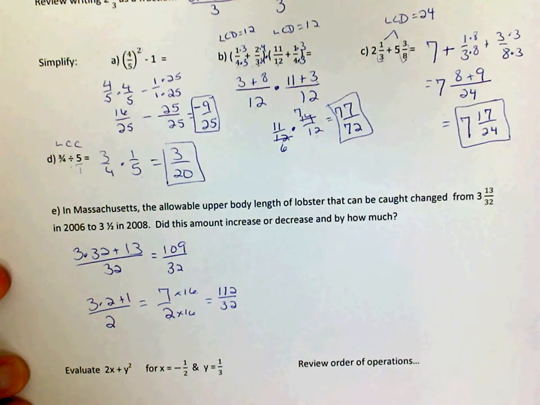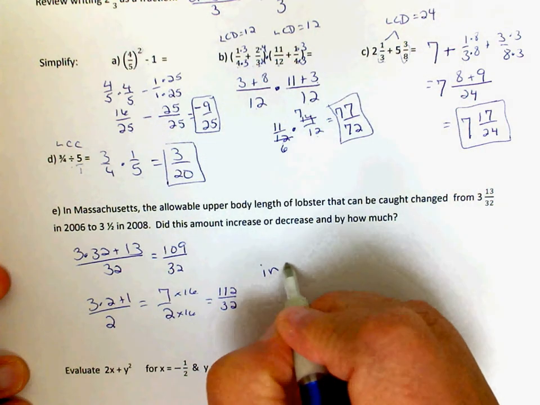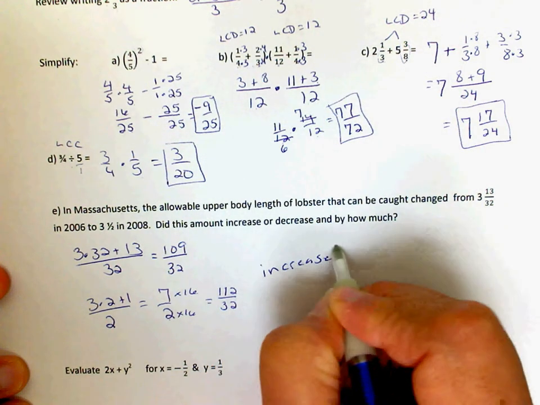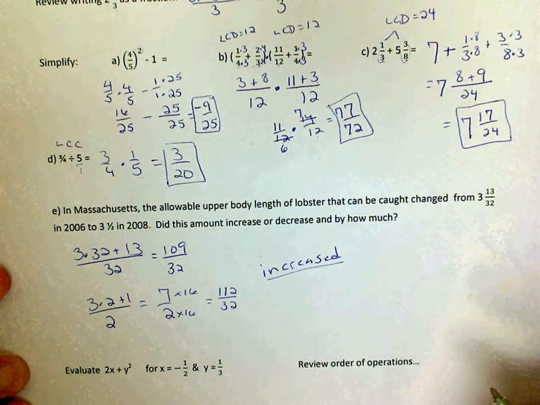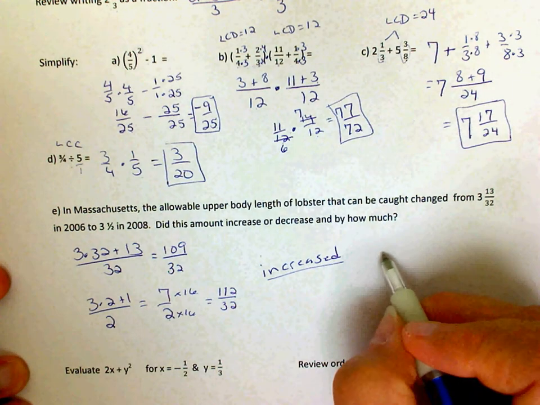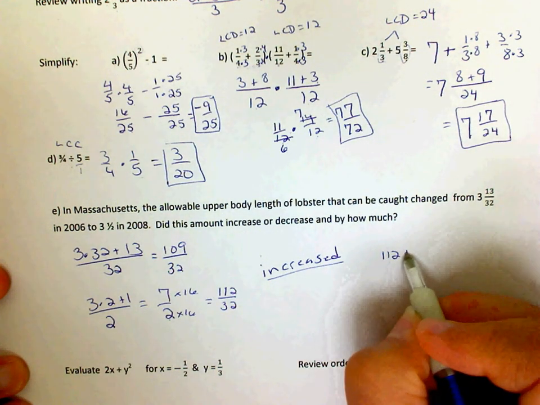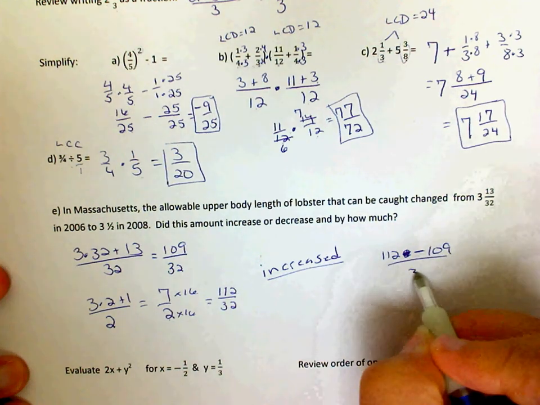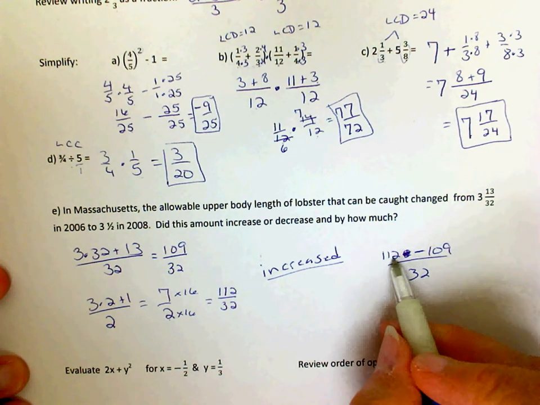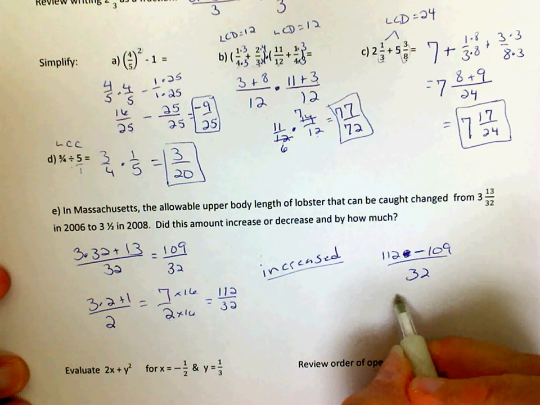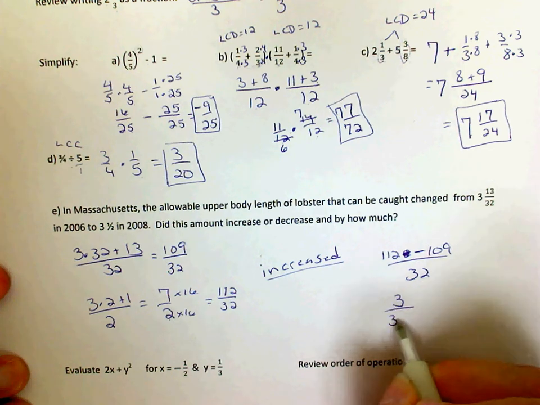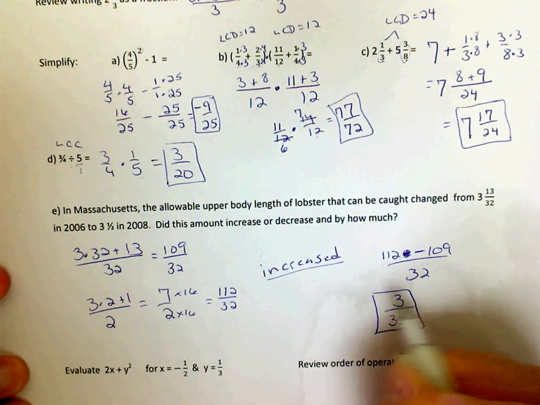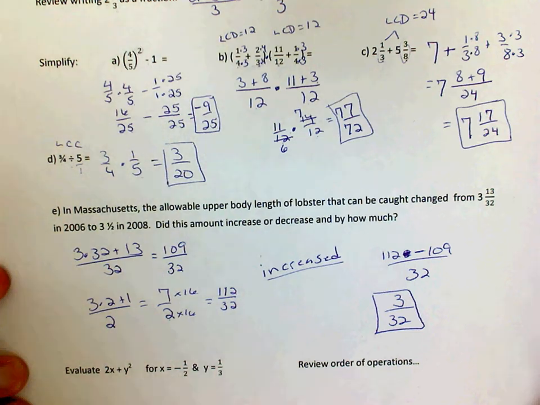So it increased. Alright, it increased. By how much? Well, 112 minus 109 over 32, and 112 minus 109 leaves us 3 over 32. Okay? If you have questions, ask.